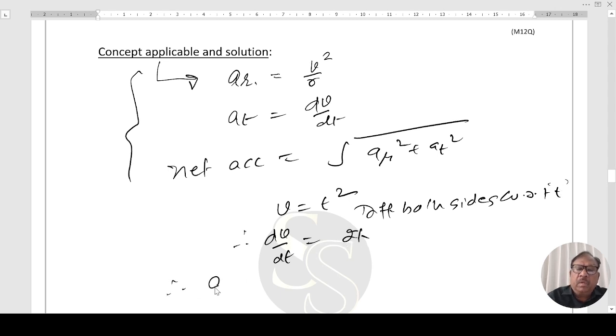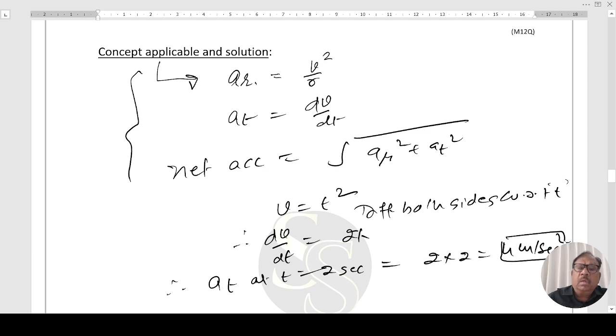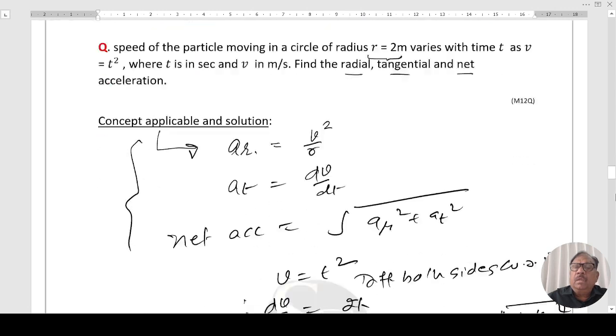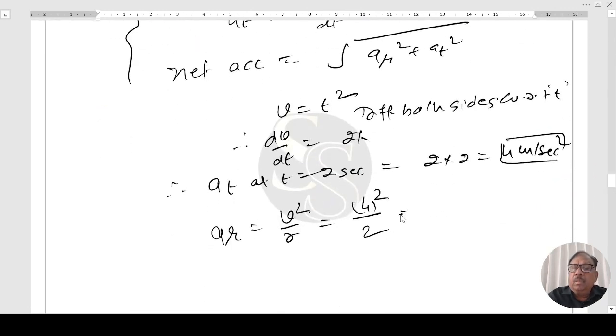Therefore, a tangential at t equal to 2 seconds will be equal to 2 into 2, 4 meter per second square. And a radial equal to v square by r. V is 4, so 4 square upon radius, which is 2. That is 4 into 4 into 2, that is 8 meter per second square.